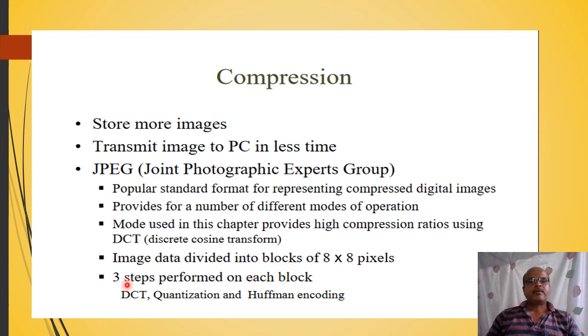The first step is the DCT, the discrete cosine transform. Then quantization, a word you have studied in digital communication; quantization is approximation to the nearest value, or rounding. Then coding techniques are also used. Huffman coding is generally used for that.